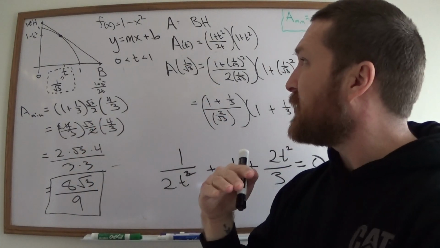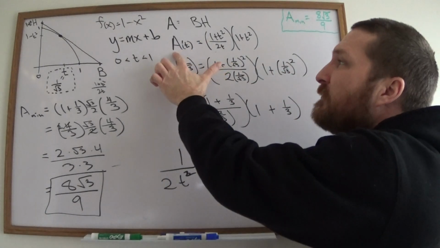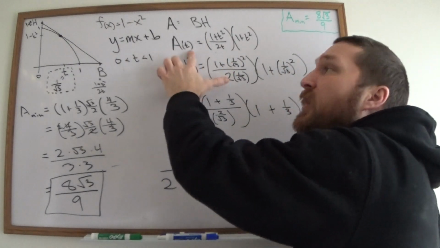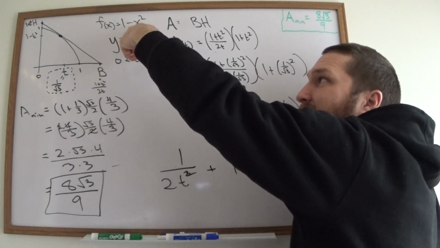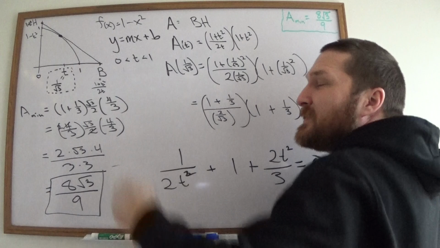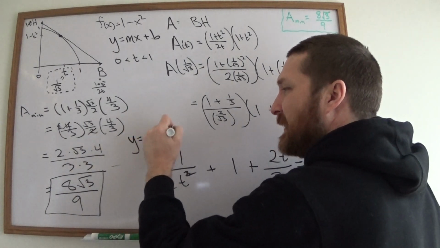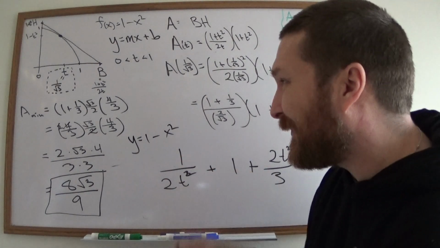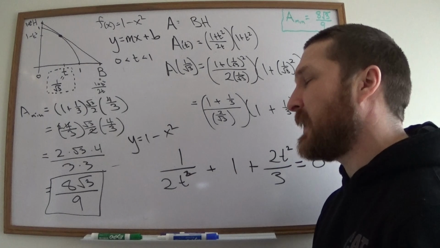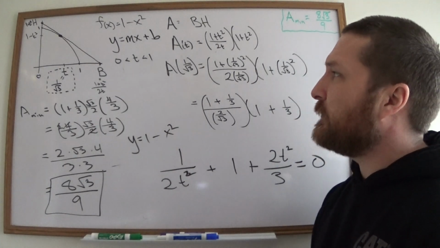If you're stuck on needing your function as a function of x, you might want to go through and call this t and call this t, because otherwise you end up with the equation of your line being this, and that ain't a line. If you just plug along with that, it's not going to work out well for you. So, very difficult problem.